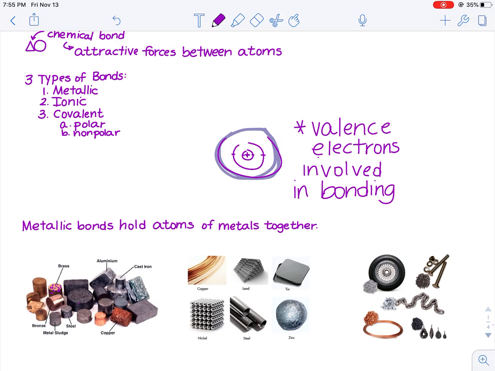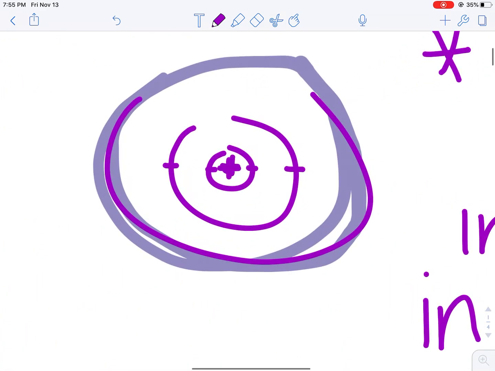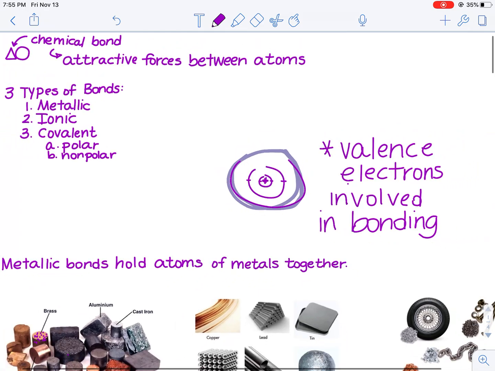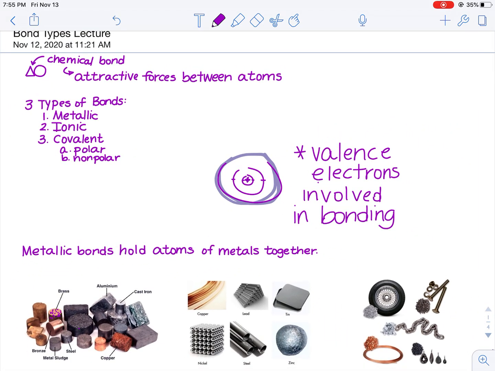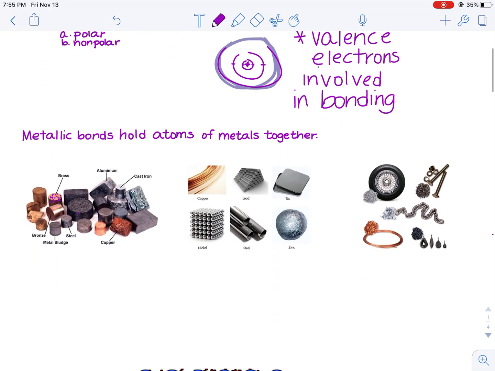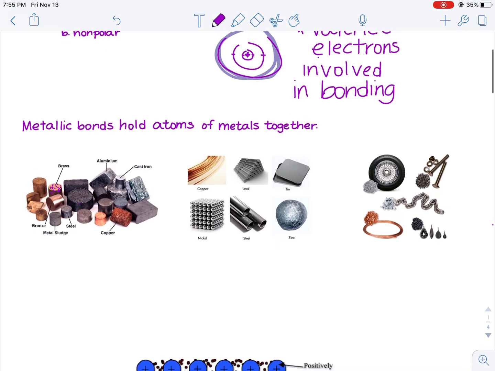The valence electrons are the ones involved in bonding because they're the ones that are furthest away from that positive attraction in the nucleus. So they're going to be able to be lost or gained, as you'll see as we continue with our lesson. So what is it about the valence electrons in a metal that allows these metallic bonds to form?